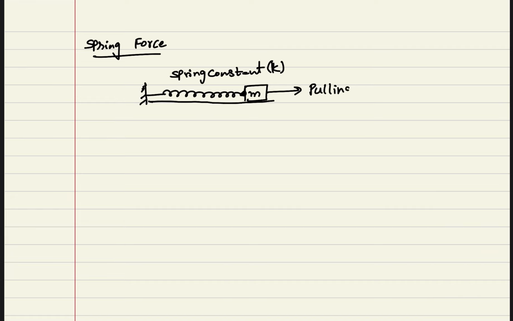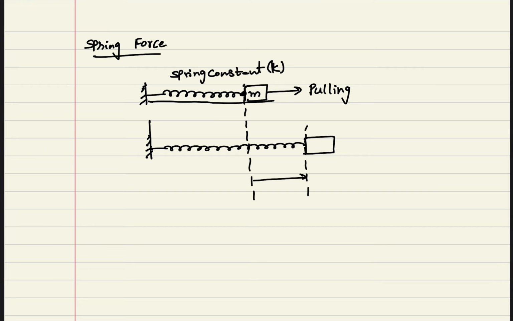Whenever I am pulling, you can see that because of this pulling, the block is moving to the right side, and the spring is getting elongated. Now you can see the spring is elongated from one point to another point. This is displaced by x. Whenever the spring is elongated, it is elongation in the spring.